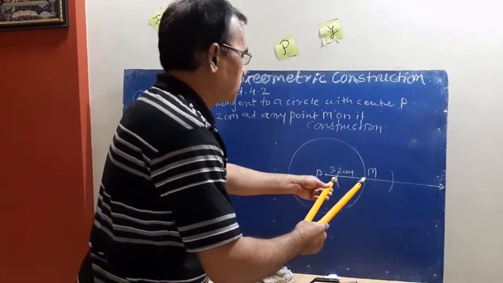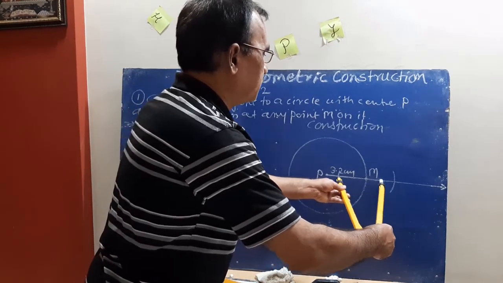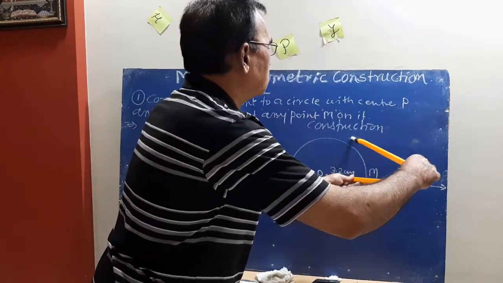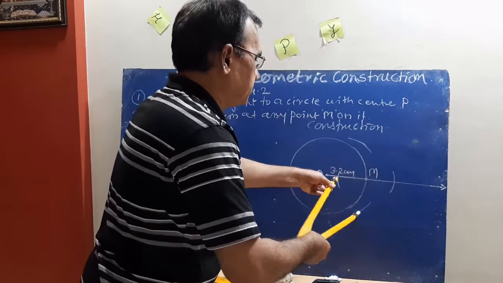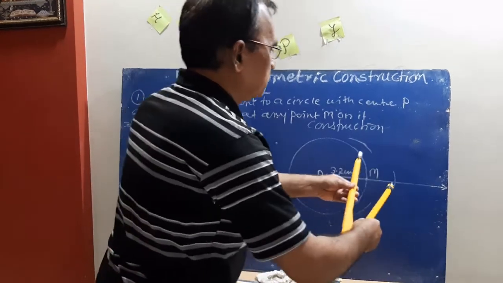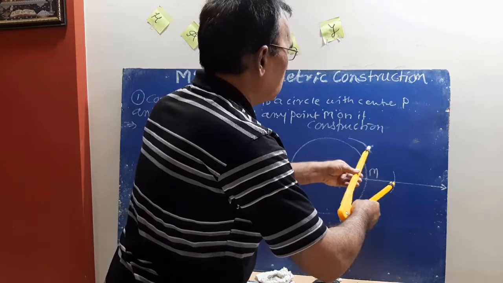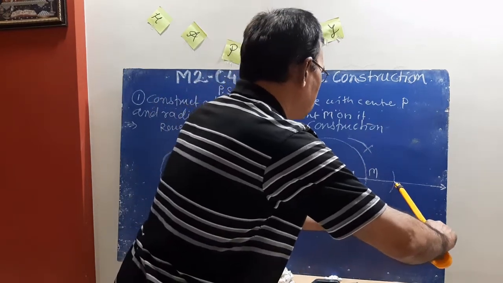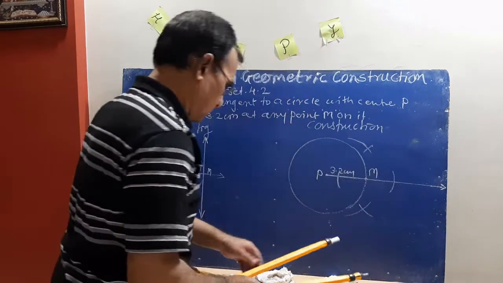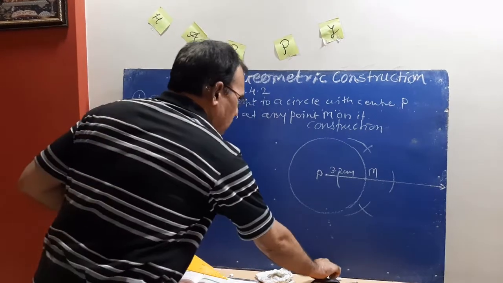Put the pointer on the first arc. Take more than half distance. Draw arcs on both sides of this ray. Again put the pointer here and draw arcs on both sides, which intersect the first arc.